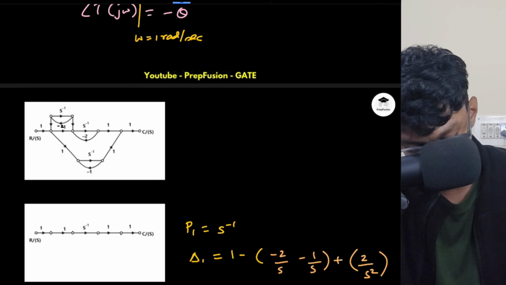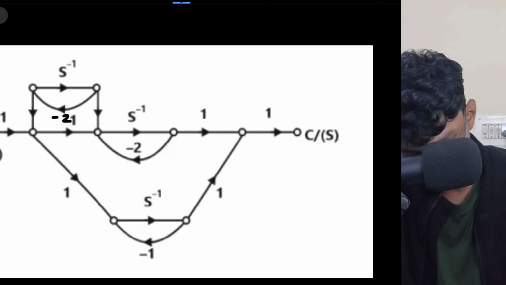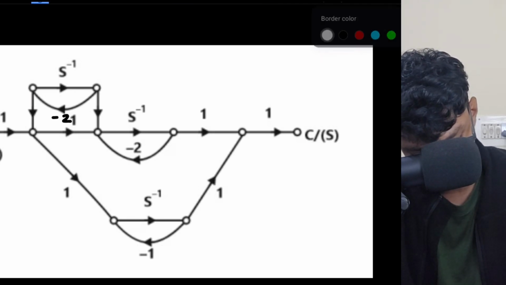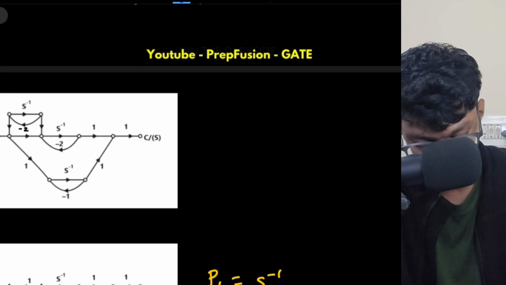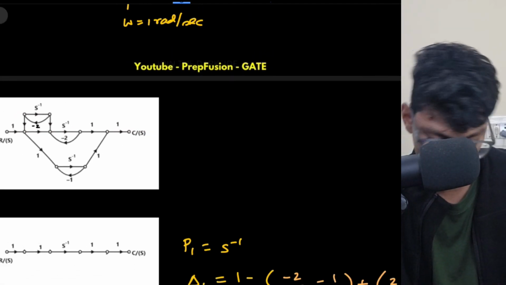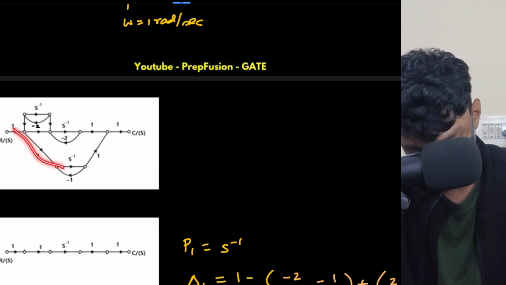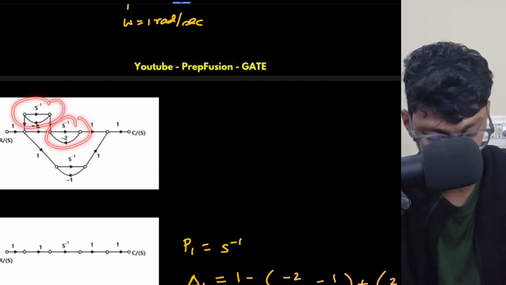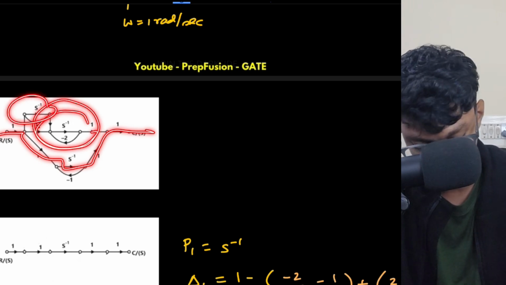If I exclude this forward path, how many loops are left? This is the loop that is left, and this loop is also left.